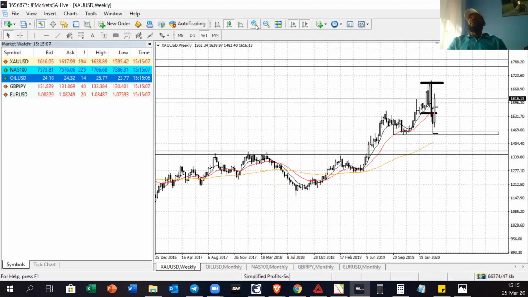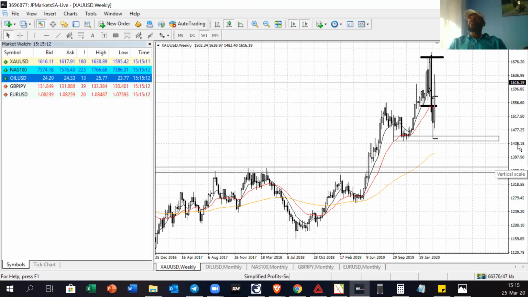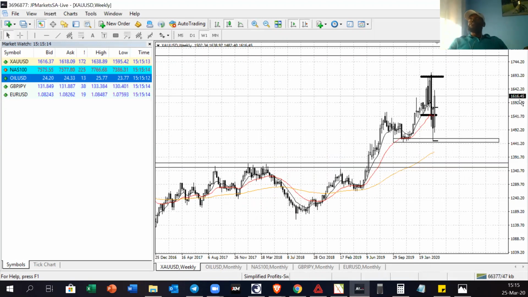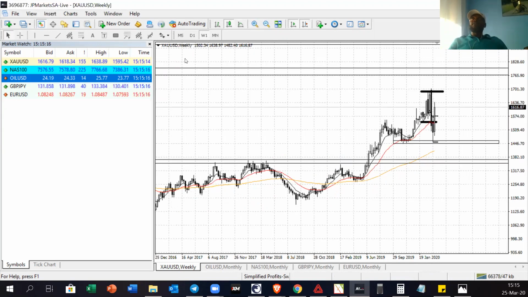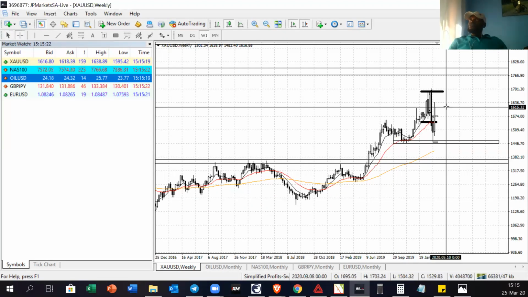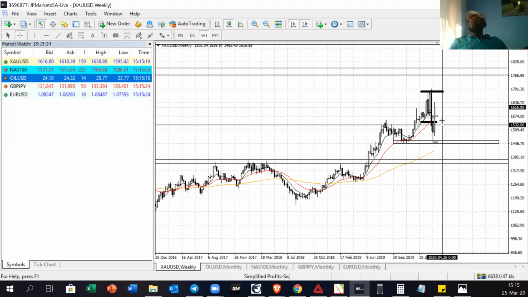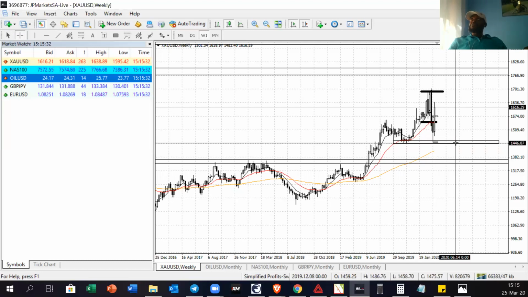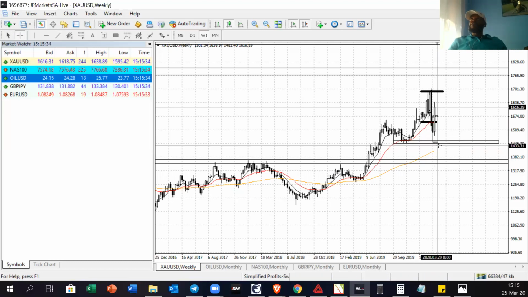Now, weekly chart. Is this enough to take a trade? Is this enough information to just go ahead and click the buy button and then just go boom? Sure, you could do that. Jam this, keep your stop behind the 8 moving average, keep your stop behind the 21 moving average, even keep your stop behind this major support level.